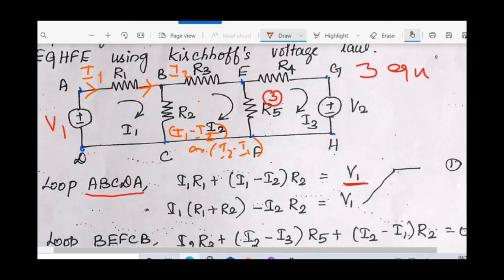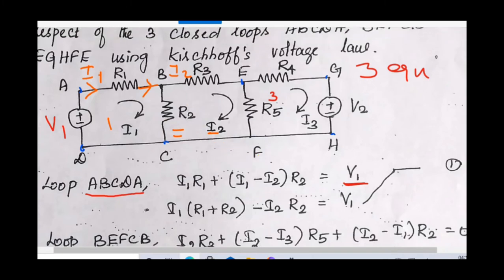If I am writing an equation for loop 1, then consider the difference I1 minus I2. If I am writing an equation for the second loop, then the R2 current is I2 minus I1. Fine. Like this we are going to write an equation.